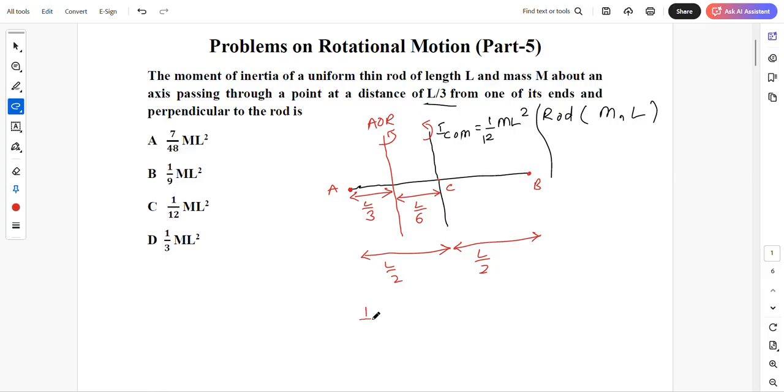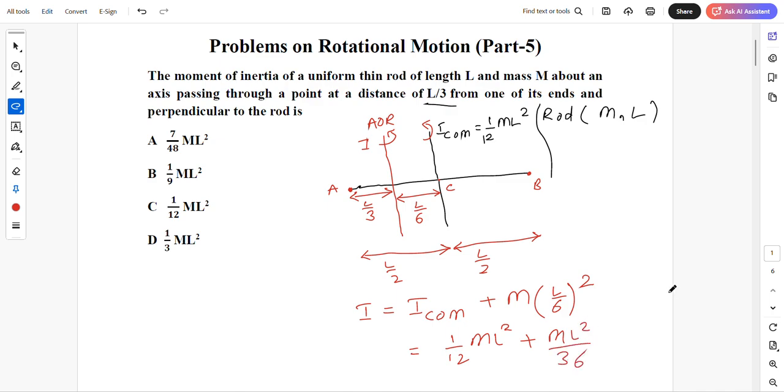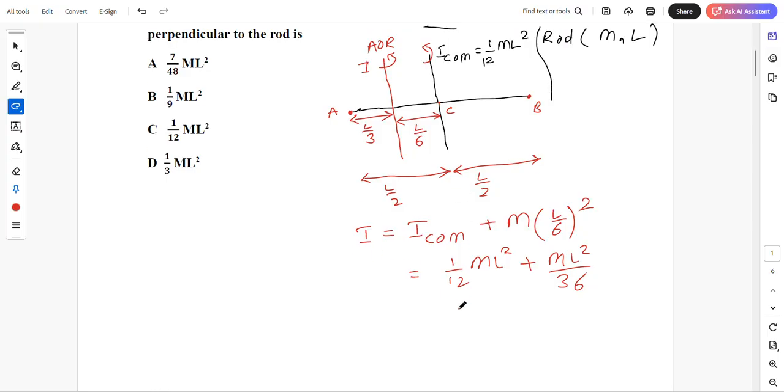Now to find I, the moment of inertia, I can use the parallel axis theorem. I is equal to I_COM plus m, the mass of the thin rod, into this distance whole square, that is L by 6 the whole square. Now I_COM is 1 by 12 m L square plus m L square by 36 after squaring.